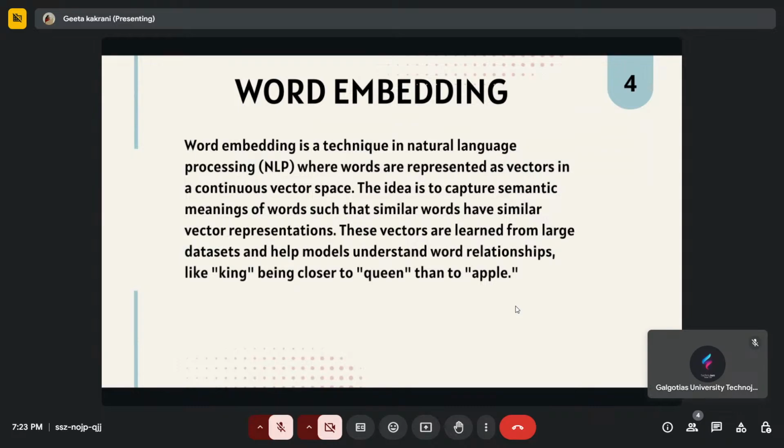So what is word embedding? Word embedding is a latest and modern method which is used to convert normal text to numbers. How does it work? Before this, the system would go through each word one by one.